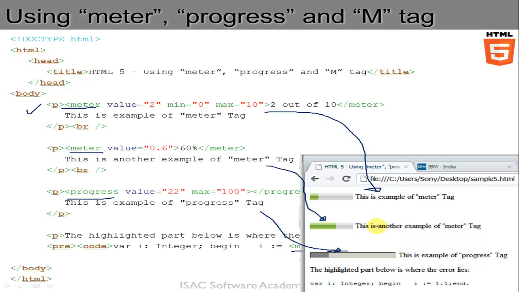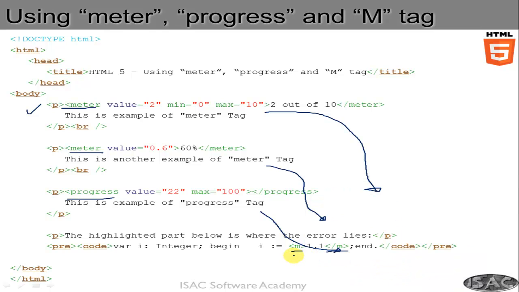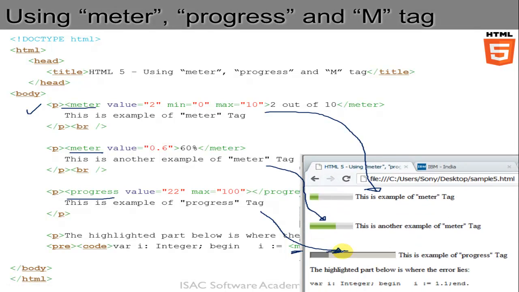So this small m is not supported by most browsers right now, although the HTML5 specification says that browsers should support it. See, it is not highlighted. Why is it not highlighted? Because I am using Chrome, and Chrome does not support the small m tag, and that is why it did not work.